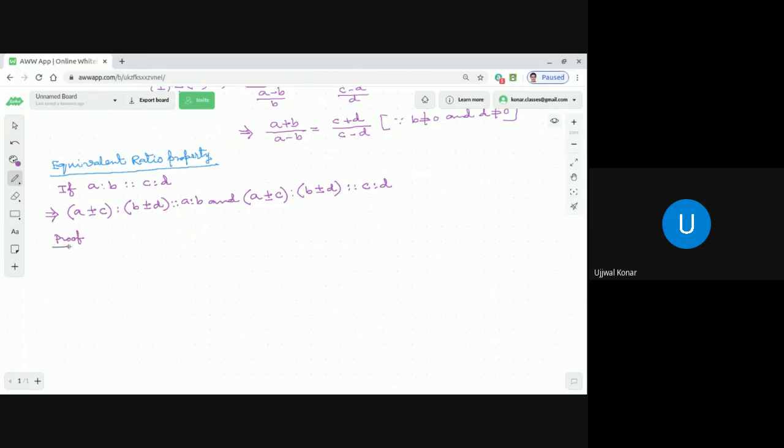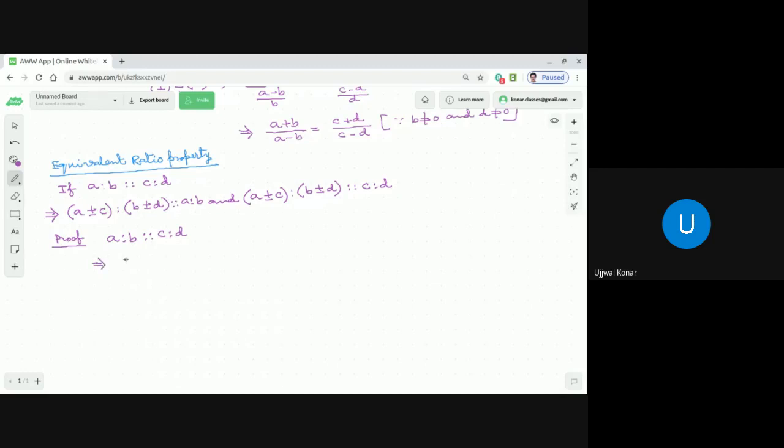According to the question, what has been given? That A is to B is equal to C is to D. So from here, what can we say?